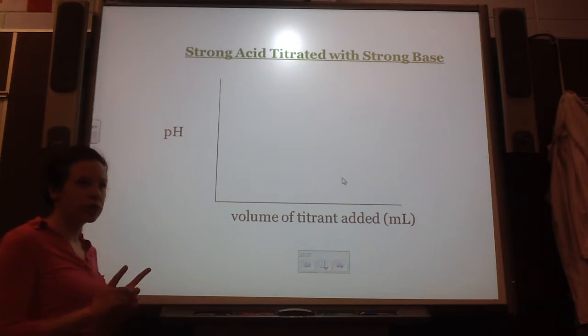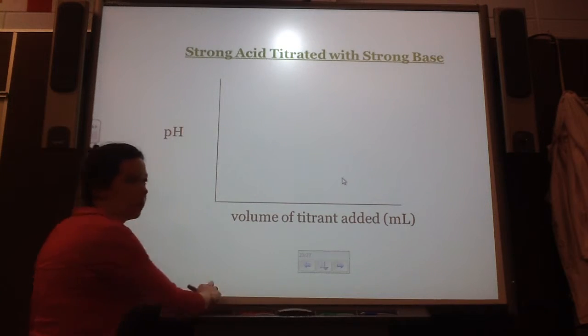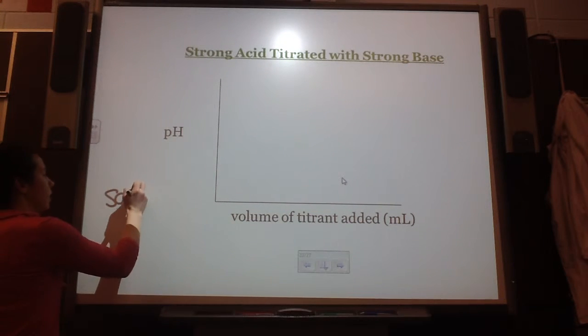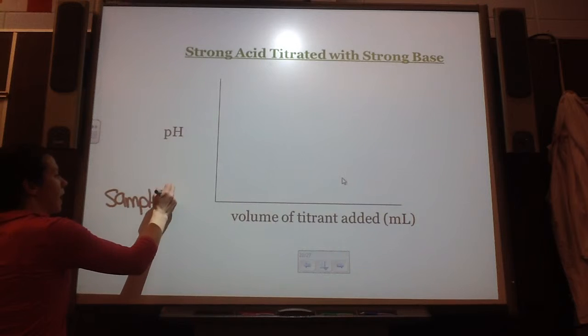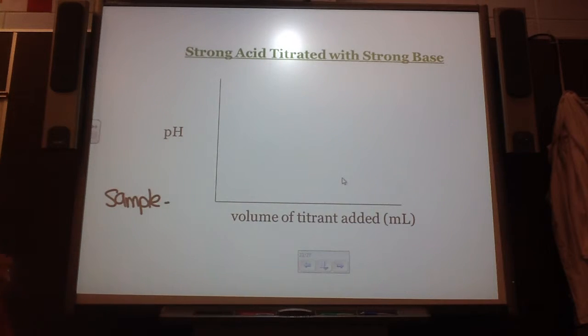Well, I would actually write this down: what is your sample? Is your sample the acid or the base? Read the title. It says a strong acid is titrated with a strong base.